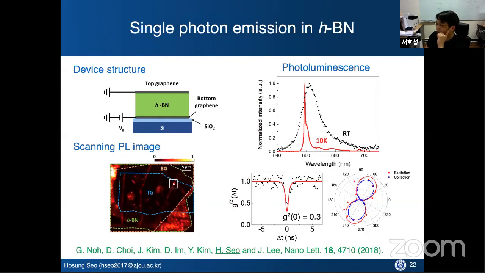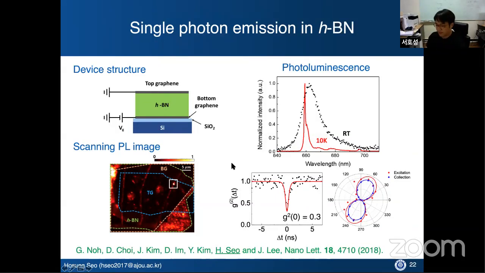At my university, this is the first project that I've done, in collaboration with Jin Lee's group at the same university. She did the experiment and I did the theoretical analysis. What we have done is make a sandwich structure. We sandwich hBN material with a top graphene and a bottom graphene. And what Jin Lee's group has shown is that she applied an out-of-plane electric field across the sample.